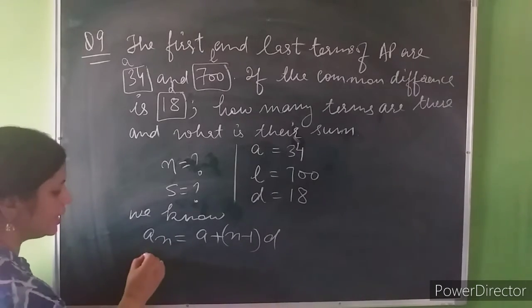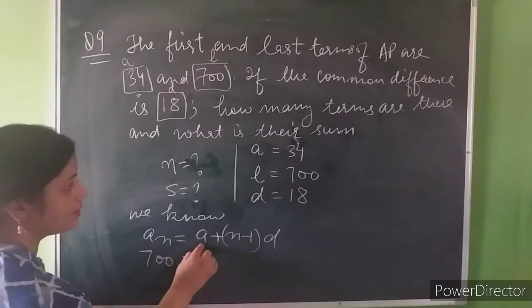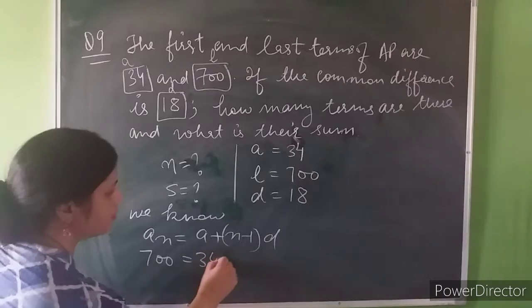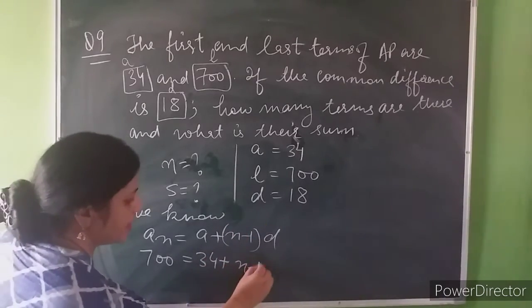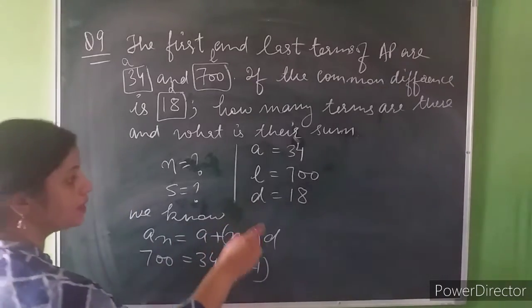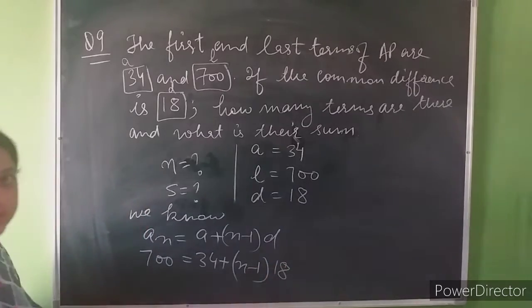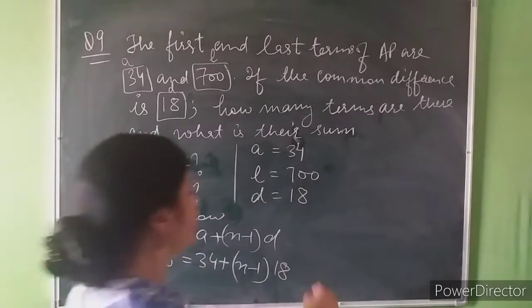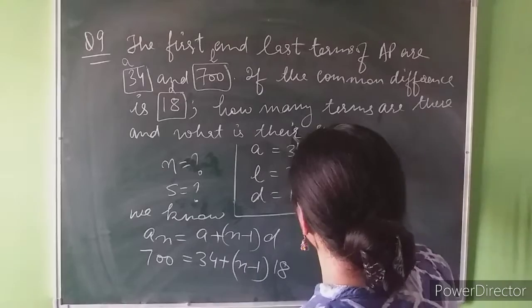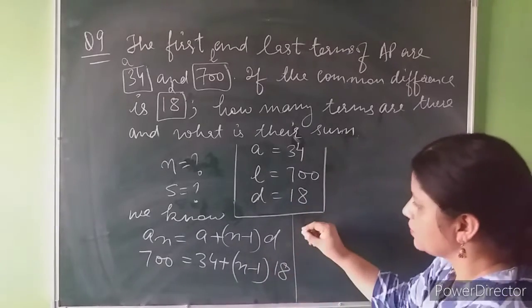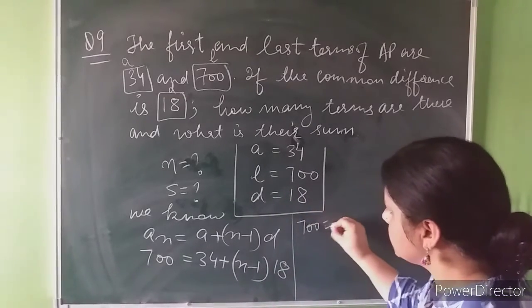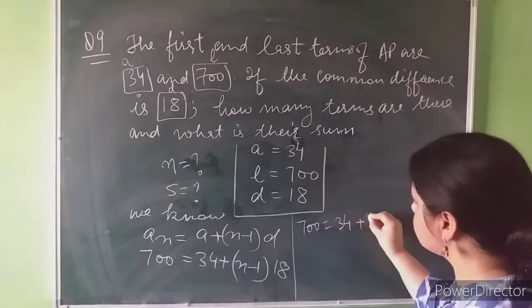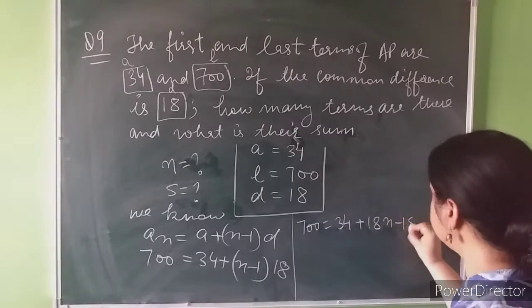Okay, so an here is 700. What is the value of a? 34. N we have to find, and we will keep as it is, into d means 18. Right, so this is the thing. From here we need to find the value of n. Right, so 700 is equal to 34 plus 18n minus 18.